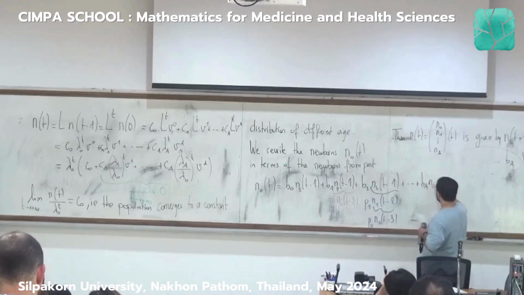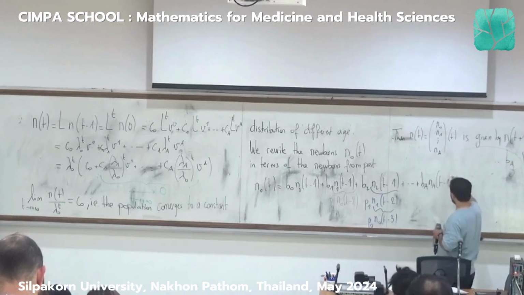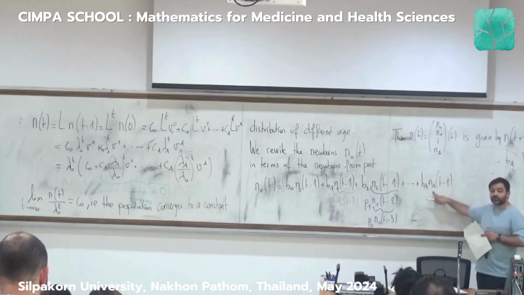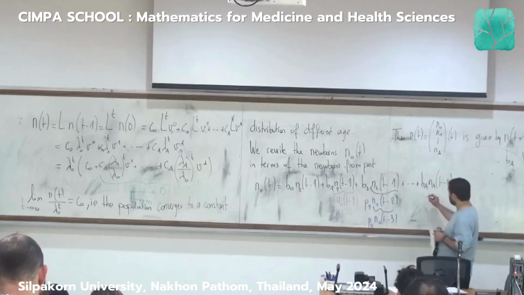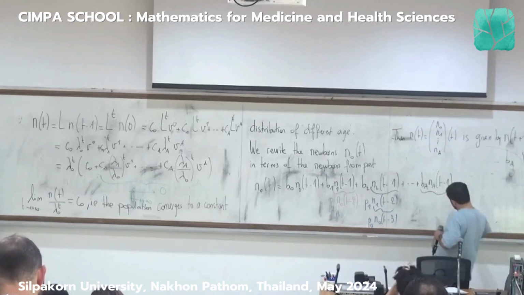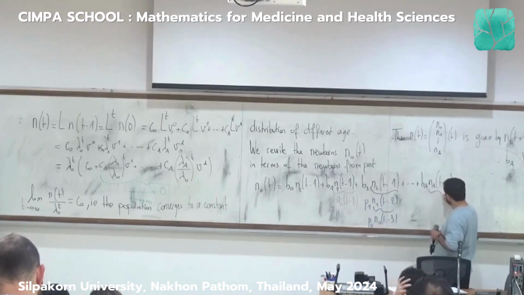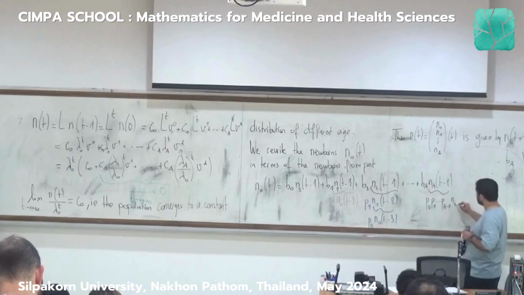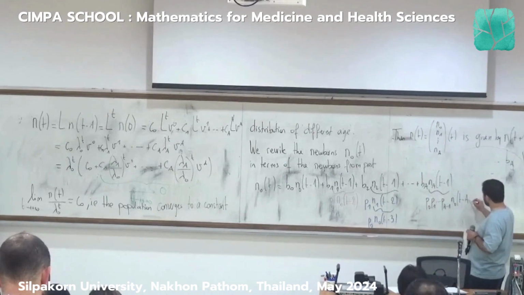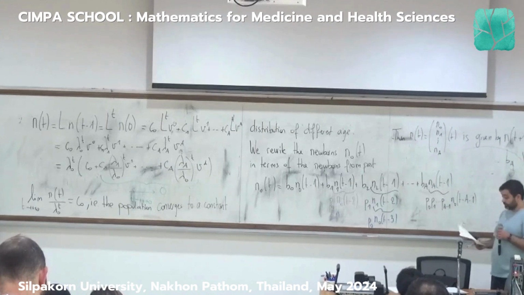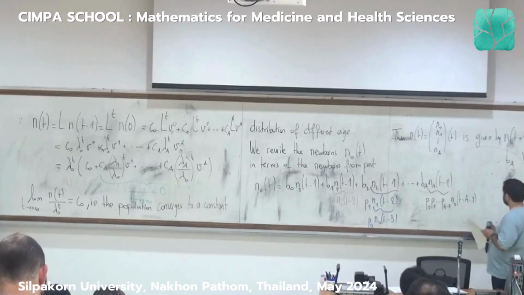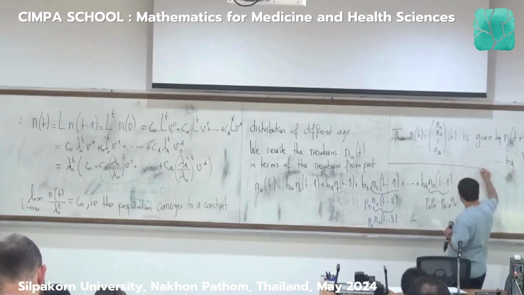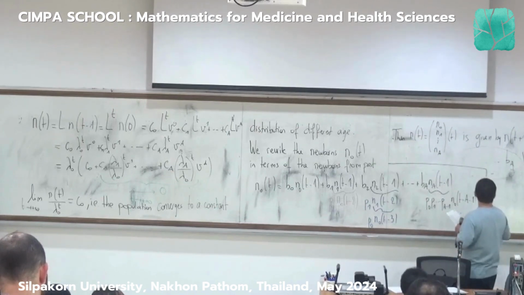So one year before, A minus 1, minus 2. This one is like this: p0, p1, until p_{A-1} times N0 at time t minus A. So at the end, the equation can be written like that.